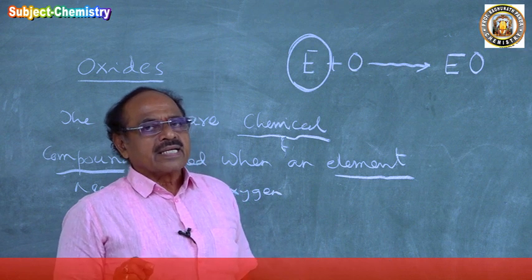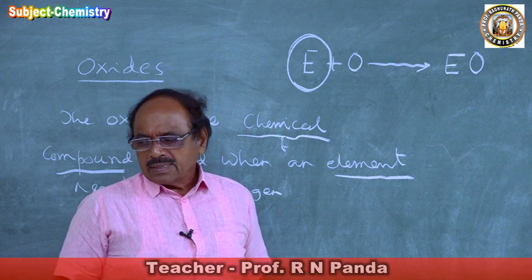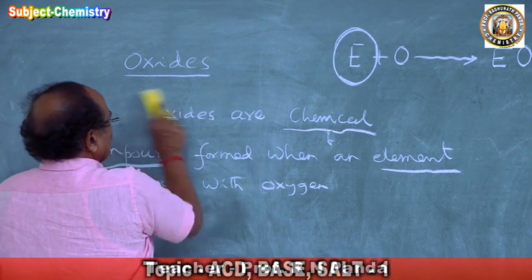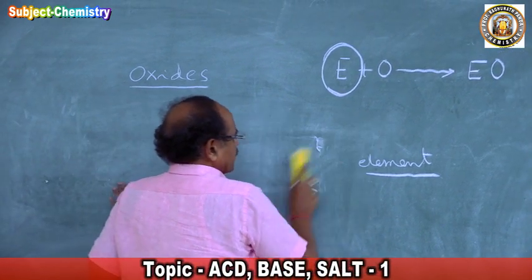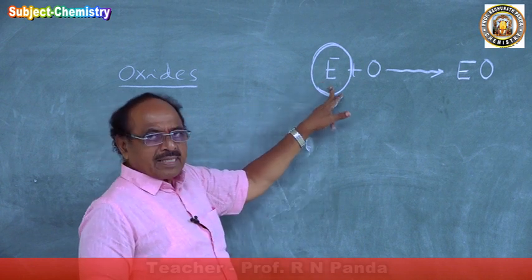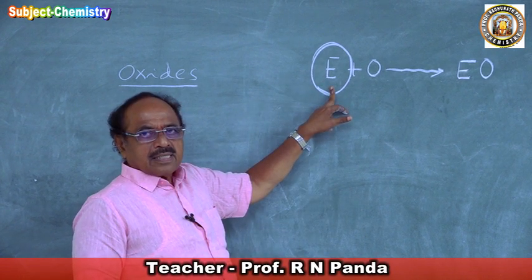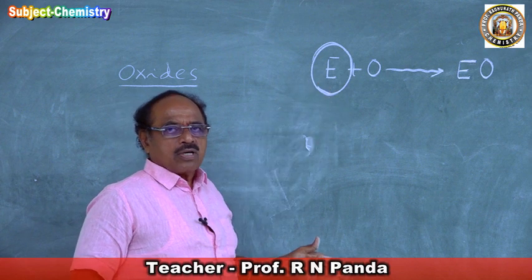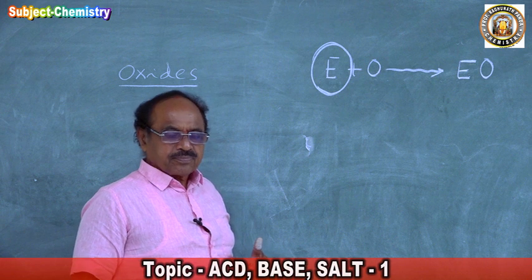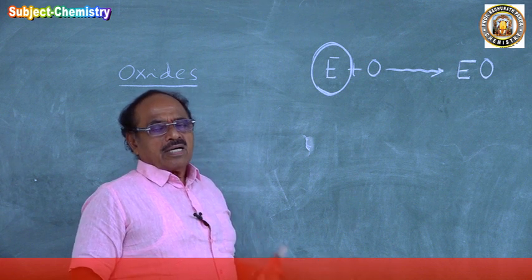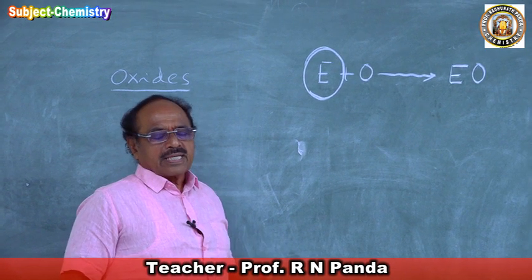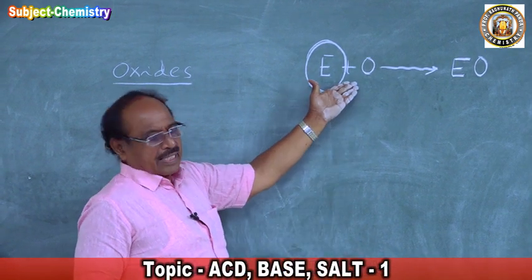Hence I say, depending upon the type or nature of the element, the oxides are of different types. So why are the oxides of different types? Because depending on the nature of the element, it may lose electrons spontaneously, or lose electrons ordinarily, or lose electrons with difficulty, or accept electrons, taking part in combination with oxygen.